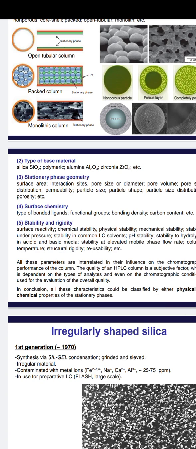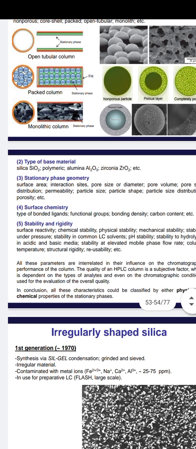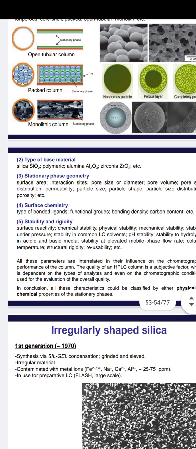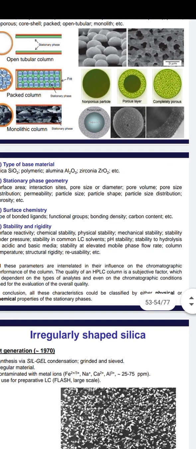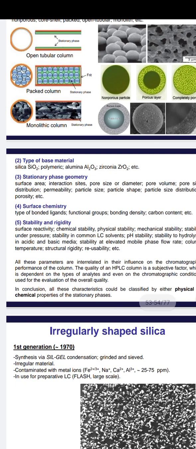And stability and rigidity include surface reactivity, chemical stability, physical stability, mechanical stability, stability under pressure, stability in common liquid chromatography solvents, pH stability, stability to hydrolysis in acidic and basic media, and stability at elevated mobile phase flow rate.